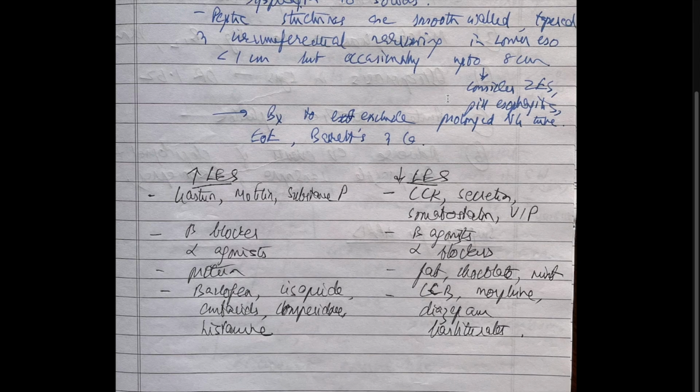But things that reduce the LES sphincter pressure would be CCK, secretin, somatostatin, VIP, beta agonists like your Astelin inhaler, alpha blockers, fat, chocolate and mint, CCBs like nifedipine, diltiazem, morphine, diazepam, and barbiturates.